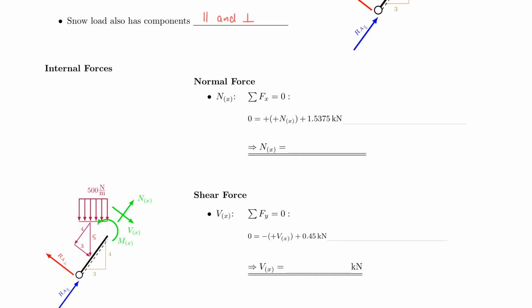So let's look at it. 0.5 kilonewton per meter multiplied by x meters. And again, now we have to be very careful because the x is actually acting in this direction, right? And the 500 is just not given in that direction.